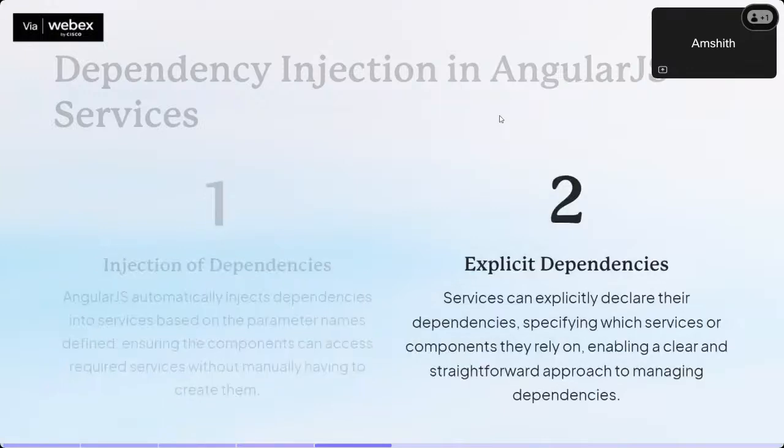Number two, explicit dependencies. Services can explicitly declare their dependencies, specifying which services or components they rely on, enabling a clear and straightforward approach to managing dependencies.